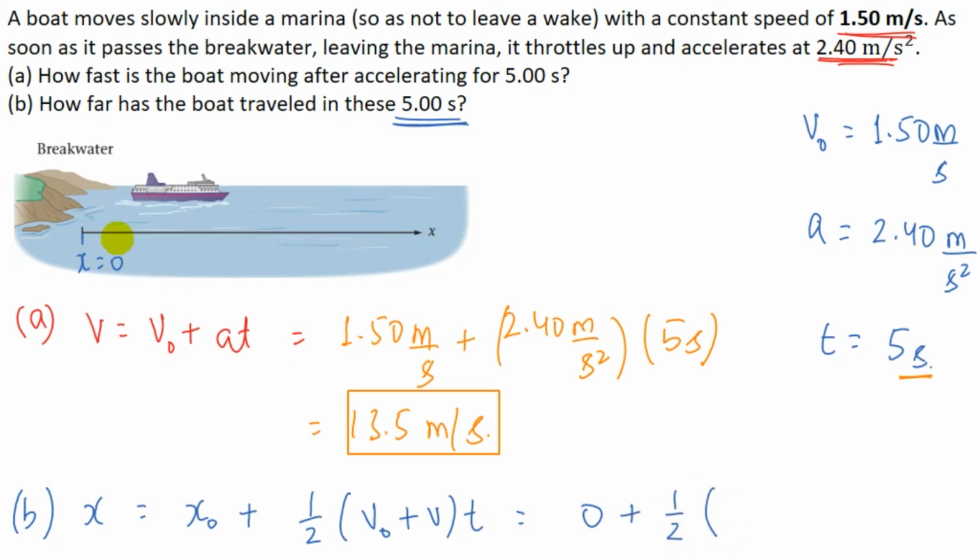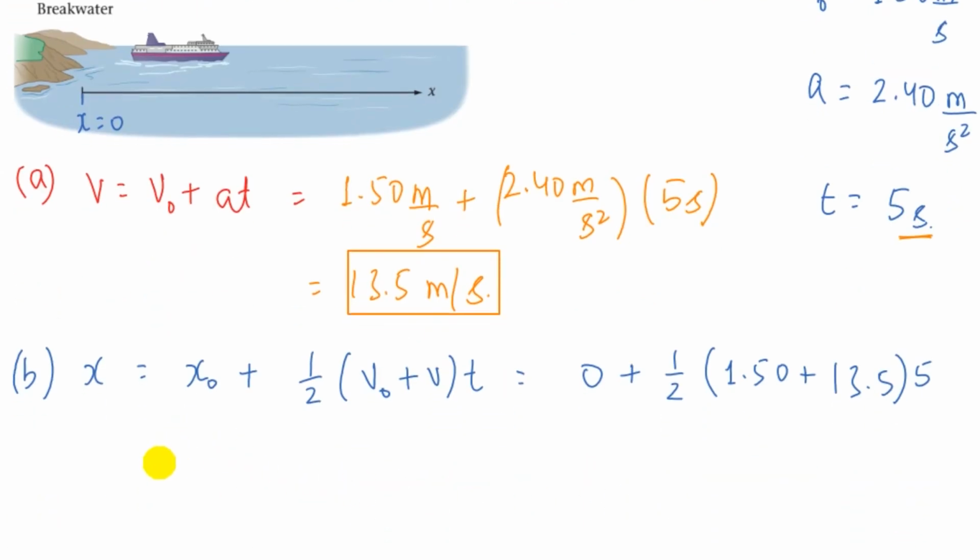Now v naught, the initial velocity at time t equals 0, we have 1.50, plus the velocity at 5 seconds is 13.5 that we calculated in the A part, multiplied with t, which is 5. Now we can solve it further to get the answer, and this comes out to be 37.5 meter. Therefore we can say that the distance traveled by the boat in these 5 seconds will be 37.5 meter.